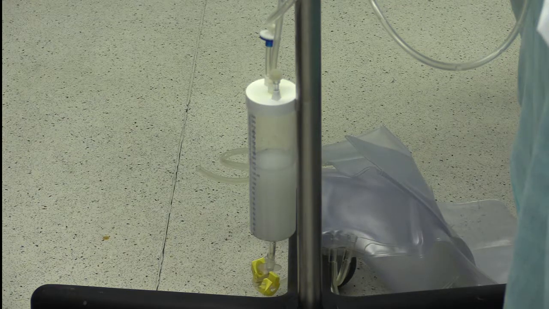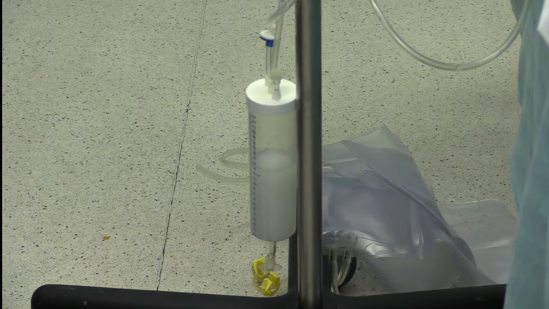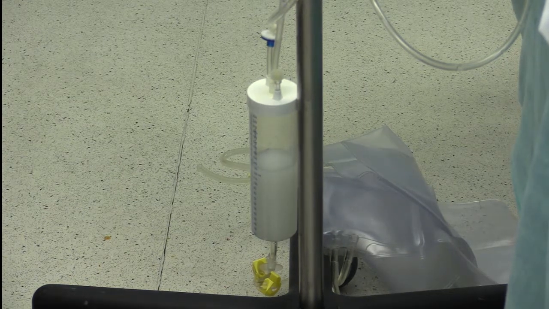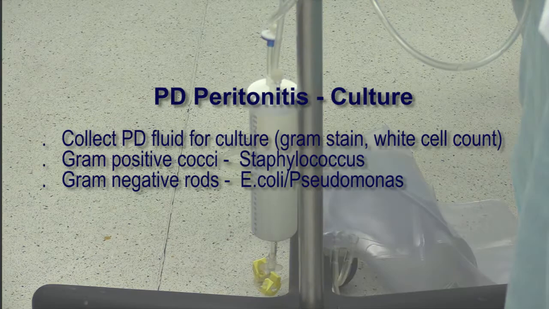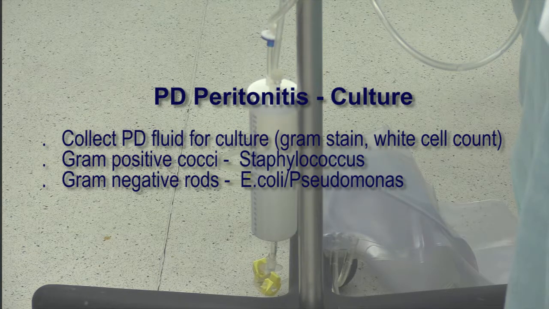In the first instance, we need to sample the peritoneal fluid, and if microbiology facilities are available, a gram stain is done on the fluid. The common organisms are gram-positive cocci or gram-negative rods, and they are your skin commensals, staph, or gram-negatives, E. coli, Pseudomonas, etc. And these two antibiotics will treat most cases of peritonitis.